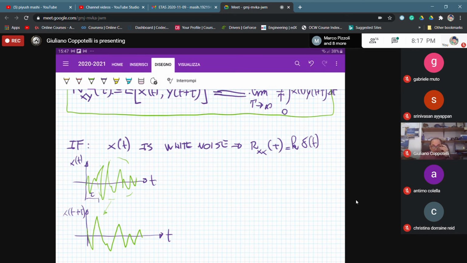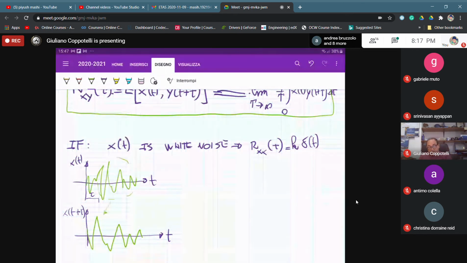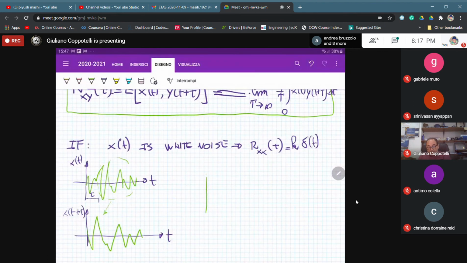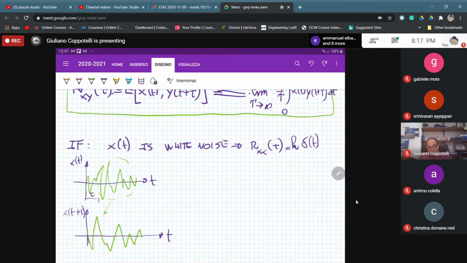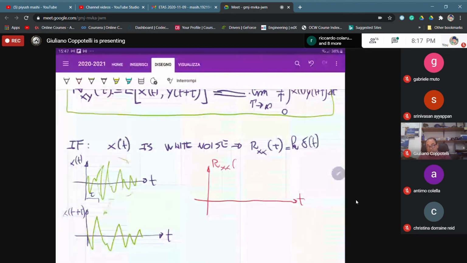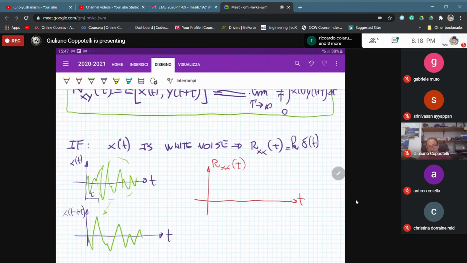The result in terms of the autocorrelation is just a Dirac of amplitude k.